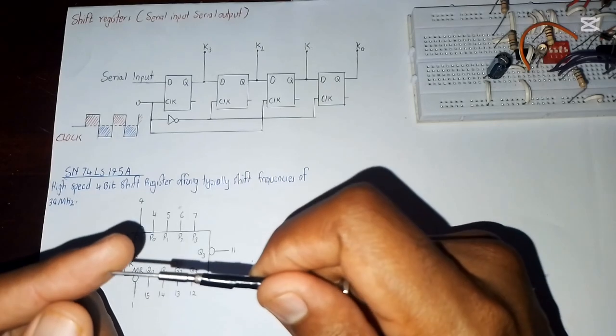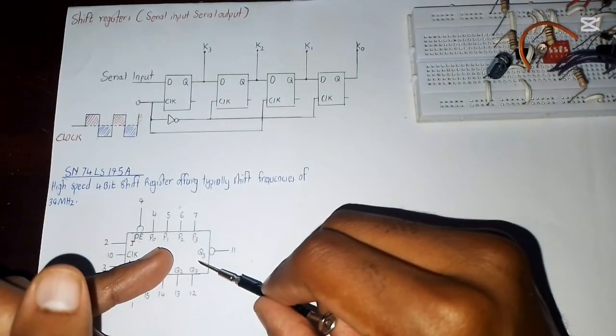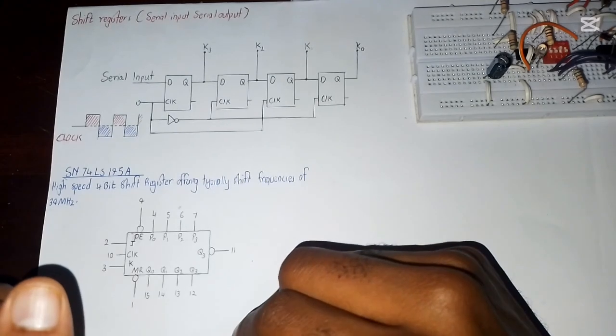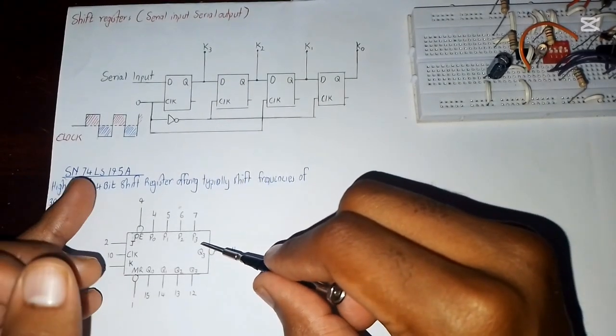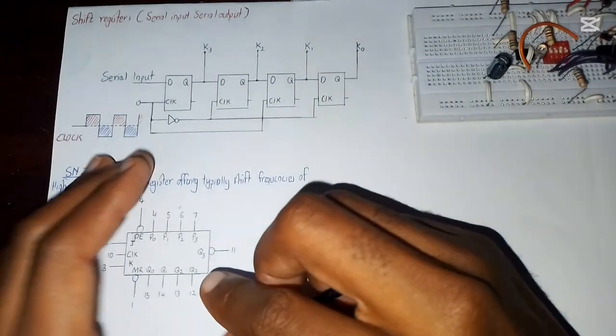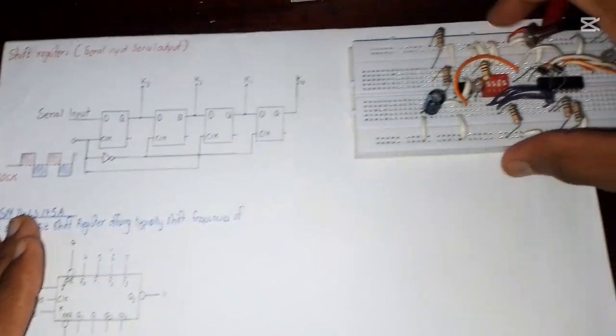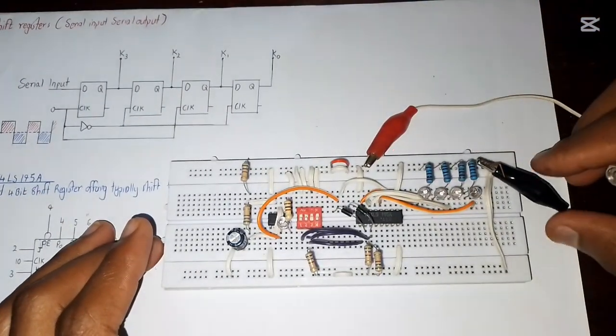You can just check in the data sheet of this IC before you start connecting it. So that's basically all about the 74LS195, and that's what I have on the breadboard. So let's go straight ahead and look at our connection.